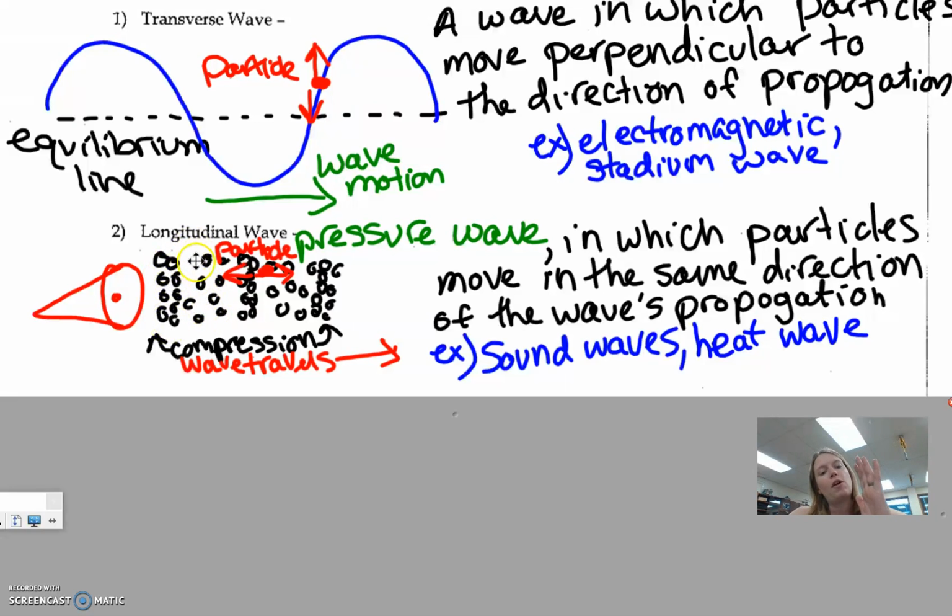So compressions and rarefactions of molecules. These compressions are peaks, and the wave travels to the right, and the particle moves to the right and to the left. Sound waves are an example of this, and heat waves are an example.